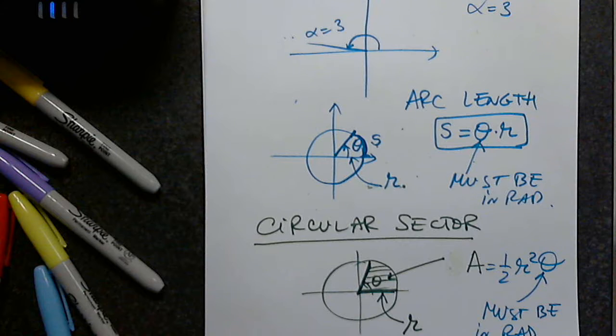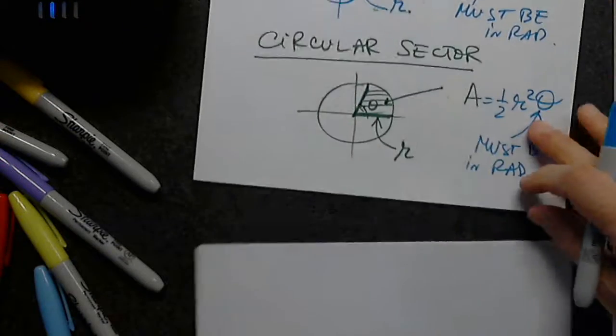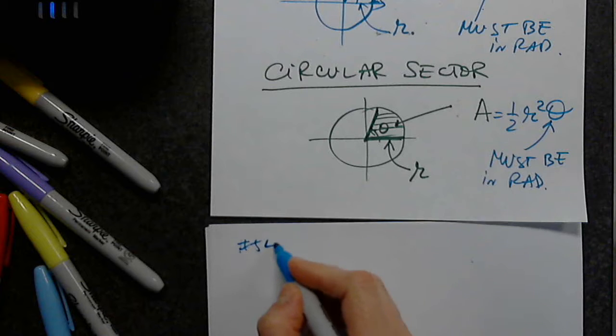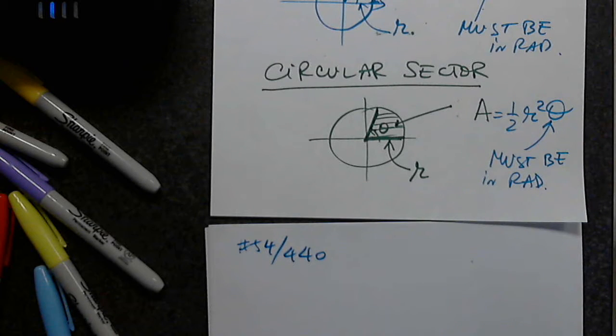Good, so let's look at page 440, number 54. Find the length of an arc that subtends a central angle of 45.